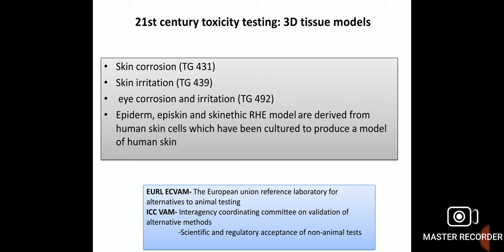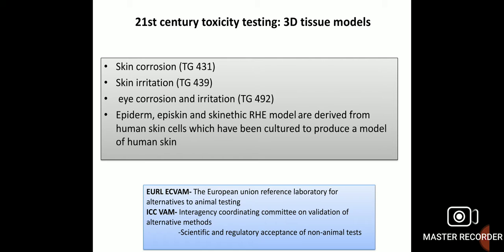Now we'll see which 3D tissue models are available in 21st century toxicity testing. There are skin corrosion and toxicity guidelines particularly accepted by OECD, that is OECD 431. For skin irritation, the toxicity guideline is 439. For eye corrosion and irritation, the toxicity guideline is 492.